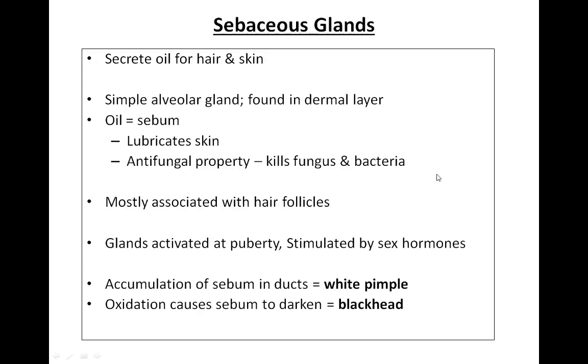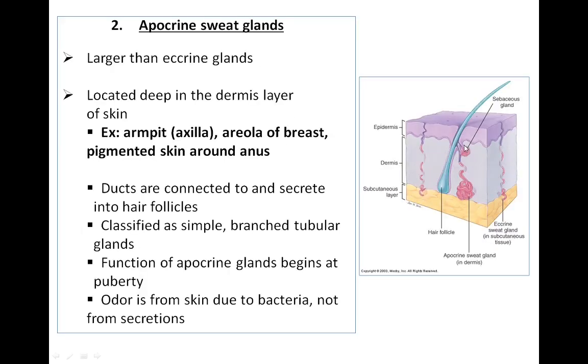Now another gland, the sebaceous gland. This is our sebaceous gland. Now this sebaceous gland is present in the dermis, in the superficial part of the dermis, that is called the papillary layer. Just in the papillary layer, it is present. Now what will happen? These sebaceous glands pour their secretion into the hair follicle.